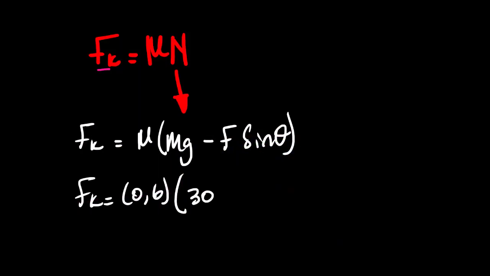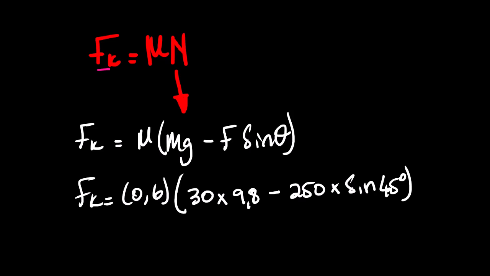So we have 30 multiplied by 9.8 minus our force, which is 250, multiplied by sine of the angle, which is 45 degrees. We get that our kinetic friction is 70.33 newtons.